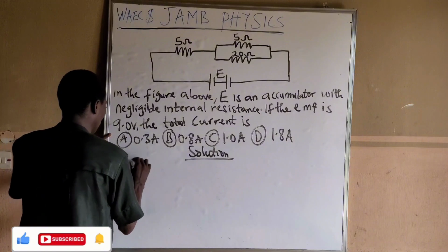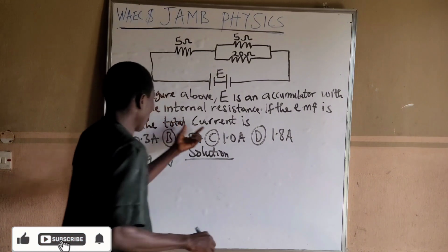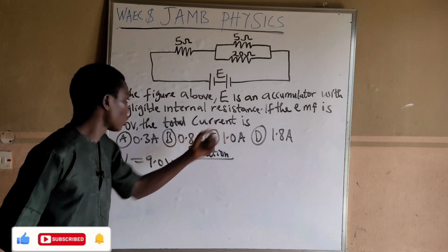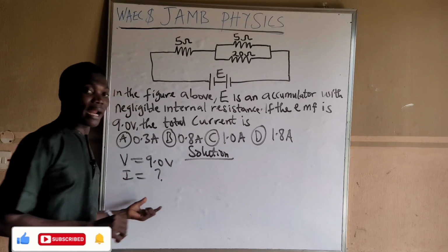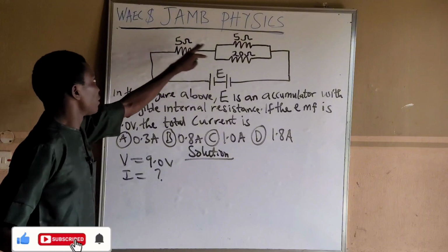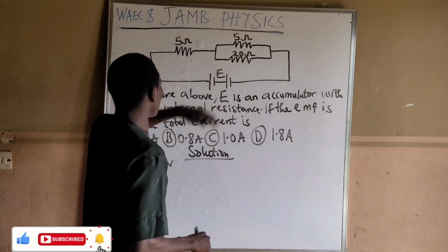Voltage, V, equals 9.0 volts. And we are asked to calculate the total current. That is the current, I, which is unknown. If you check this properly, you will see that we have 3 resistors.